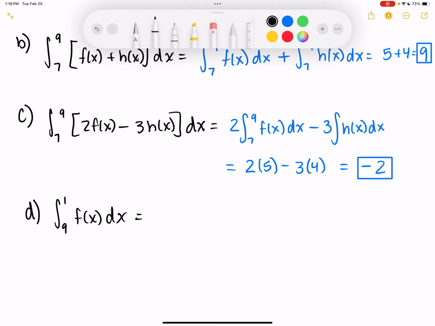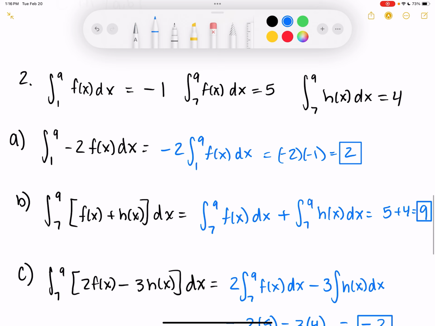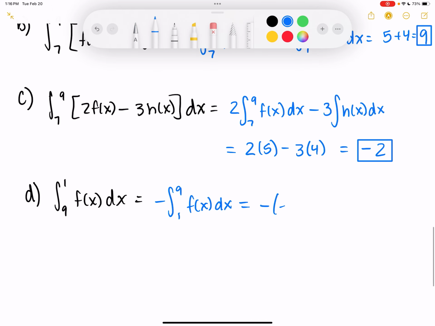Yep, so we're going to put a negative in front and flip it by using the order of integration. I'm saying that because you said take a negative out, and I don't want you to think that every time you take a negative out you flip it. So yes, we put a negative out front, and we can flip it. So from 1 to 9 of f of x dx, and that would be negative. Oh, and that's negative 1, so negative times negative 1, which is just positive 1.